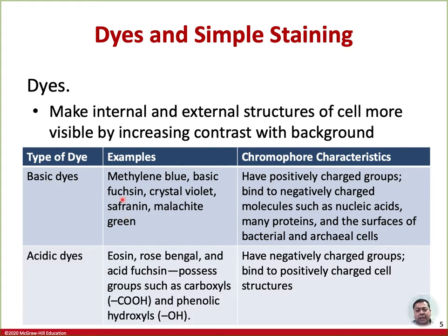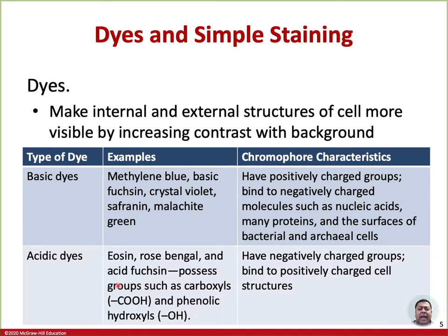On the other hand, we have the acidic dyes like eosin, red in color, rose bengal, pinkish in color, and acid fuchsin, which is also raspberry red in color. They possess groups such as carboxyl, COOH, which becomes COO minus when ionized, and the phenolic hydroxyl can become O minus as well.